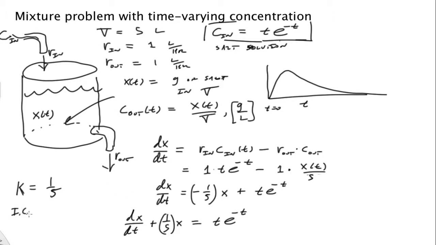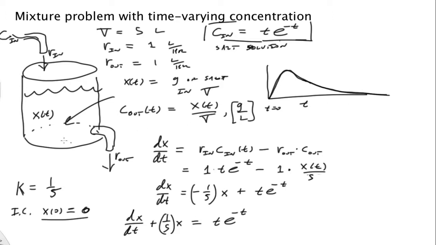Finally, I'm going to say my initial condition, x of 0, is that at the beginning our tank has no salt in it. So I want to know what happens if I start at time 0 and give it a squirt of a salt concentration that I turn on at time 0, but eventually that salt concentration will be on the wane.